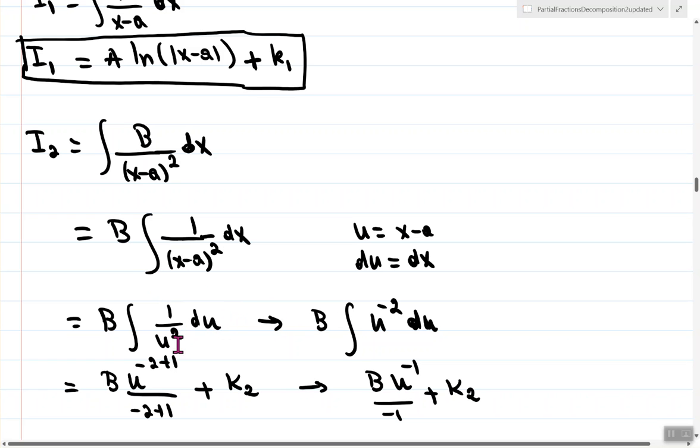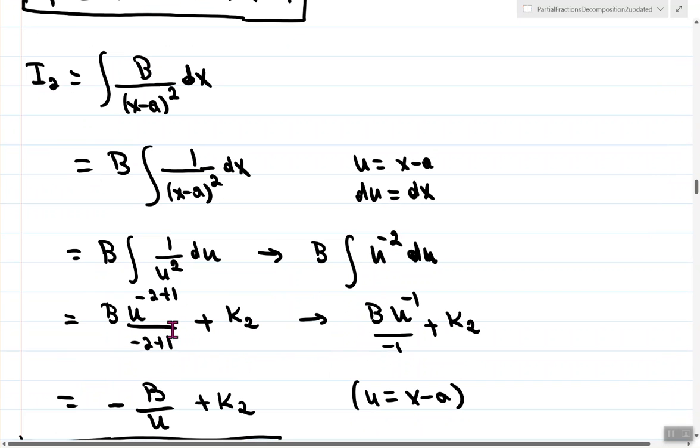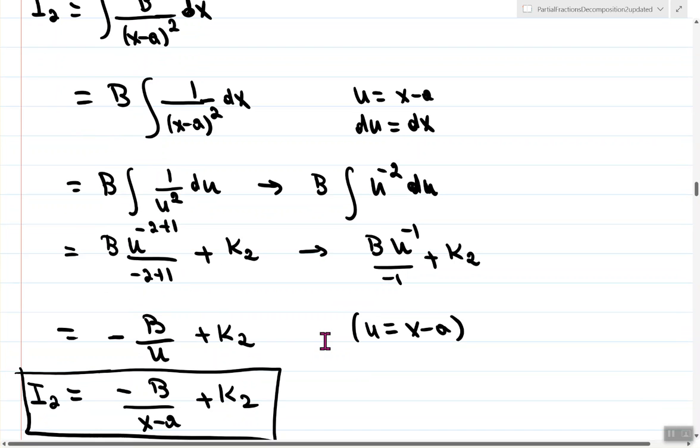To integrate 1 over u squared, you need to change it to u raised to negative 2, so you can apply the power rule of integration. You're going to have B times u raised to negative 2 plus 1 over negative 2 plus 1, plus k2. Then you can bring u to the negative 1 to the bottom to change the negative exponent to a positive exponent. So you end up with negative B over u plus k2.